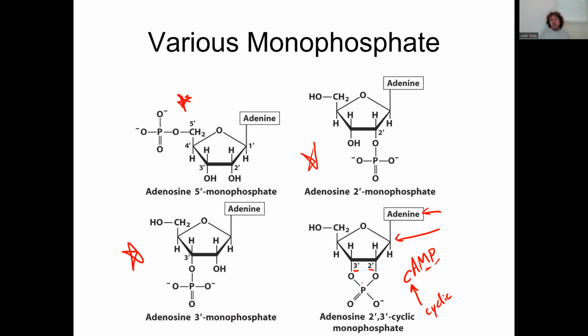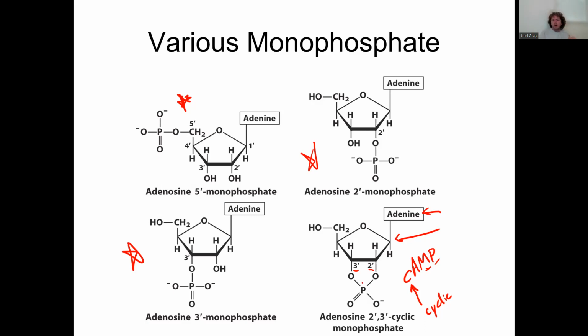It's a secondary messenger that is generated pretty readily for the purposes of stimulating breakdown of fats. It's involved in tons of hormonal responses. And so this is an example of cyclic AMP.